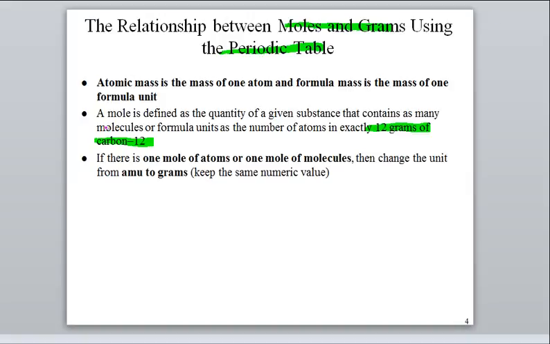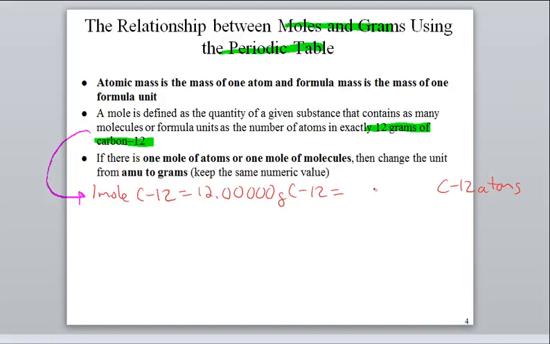From this relationship, if I had 1 mole of carbon-12 and I had exactly 12 grams of carbon-12, how many carbon-12 atoms do we have? This number is actually experimentally determined.